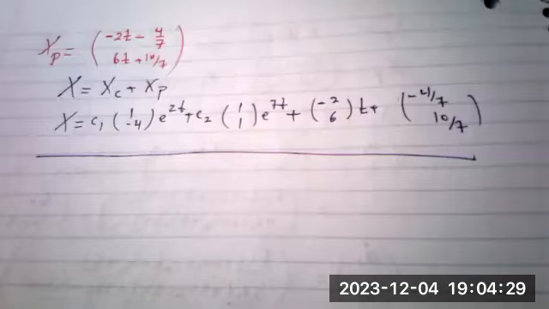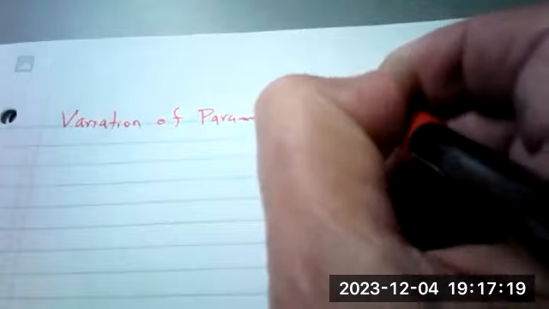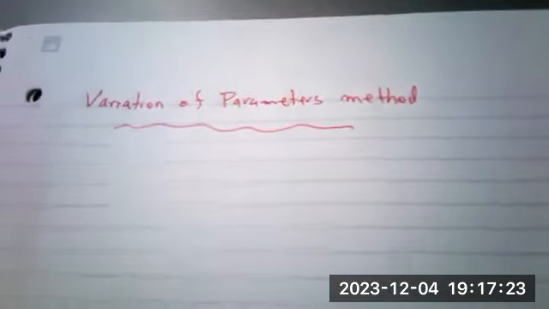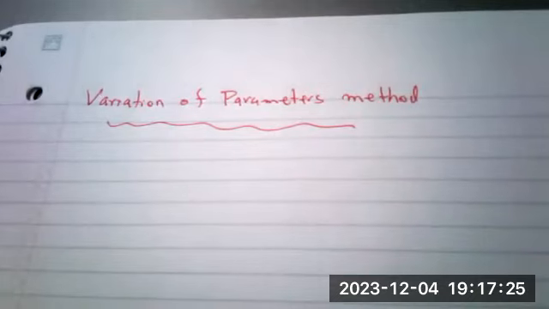We got 10 minutes. Okay, the variation of parameters method. But this part is going to be, we are dealing with a system of equations.